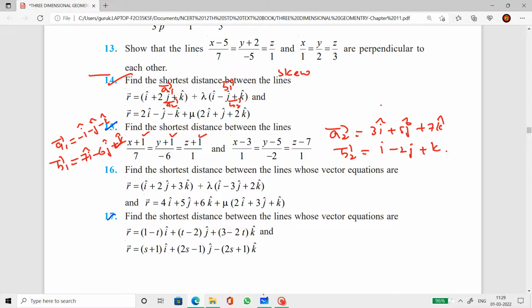Okay, now let me try the 15th sum and show you how to do it. 15th question from the NCERT textbook.